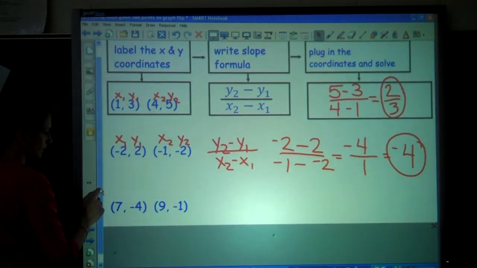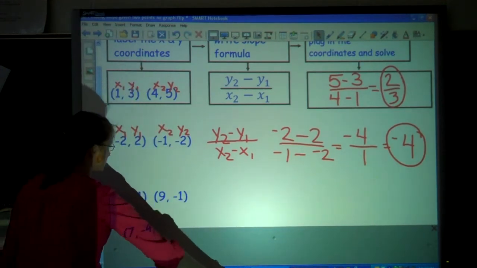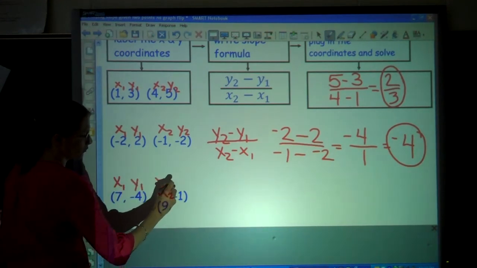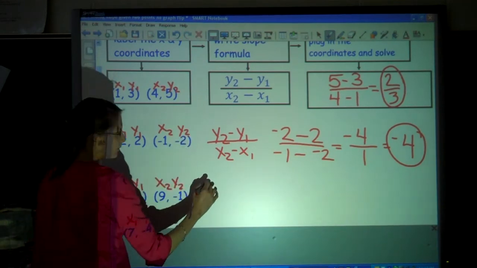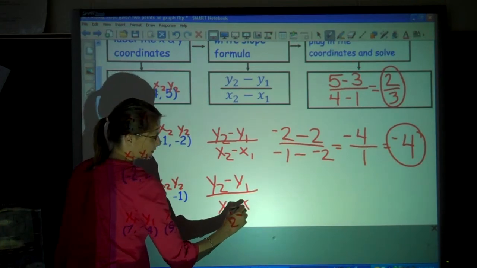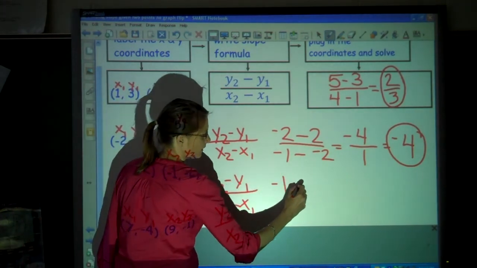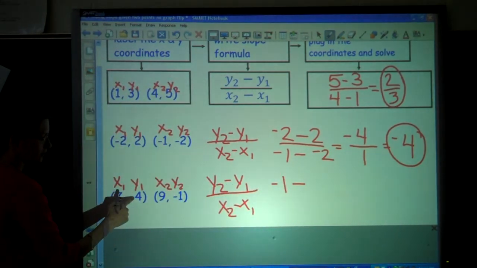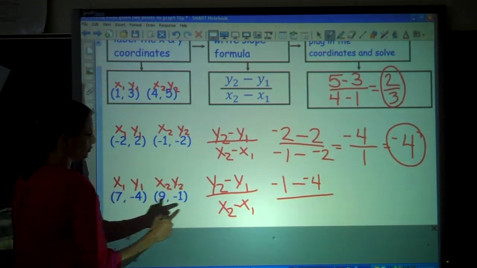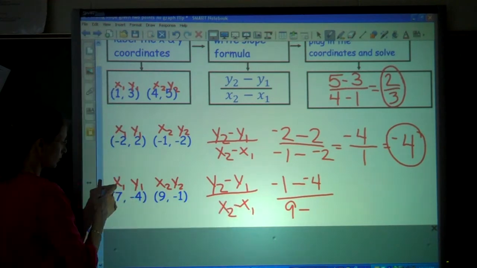Let's go down to our next one. So remember, step 1, label your ordered pairs. So we have x1, y1, x2, y2. Write down my formula, y2 minus y1 all over x2 minus x1. And then I want to plug in my values, y2, which is -1, minus y1, which is -4, all over top of x2, which is 9, minus x1, which is 7.